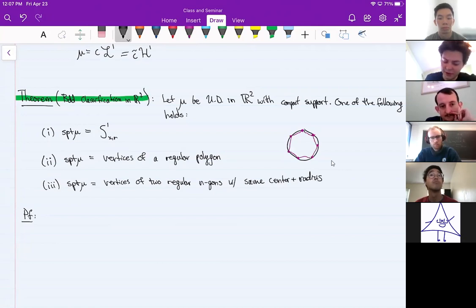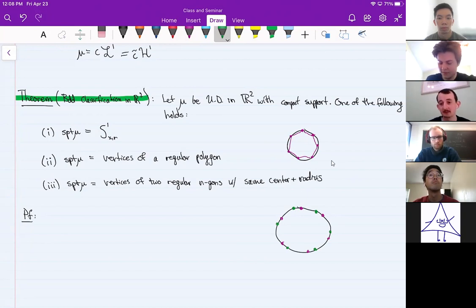And then the final case is that I have a circle and a regular polygon, but I'm also allowed to have another regular polygon right next to my other one. So they come in pairs like that.